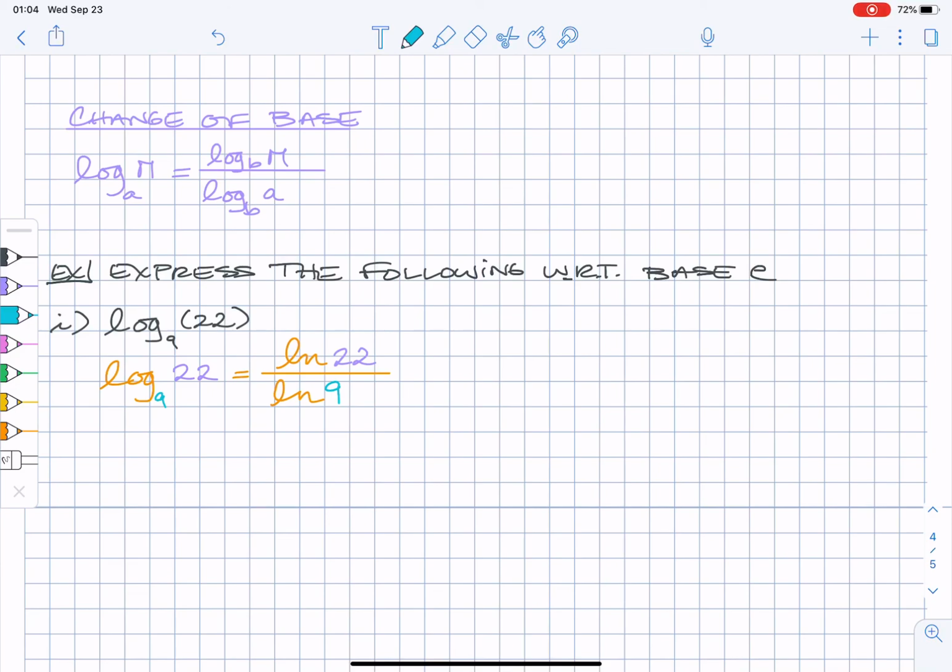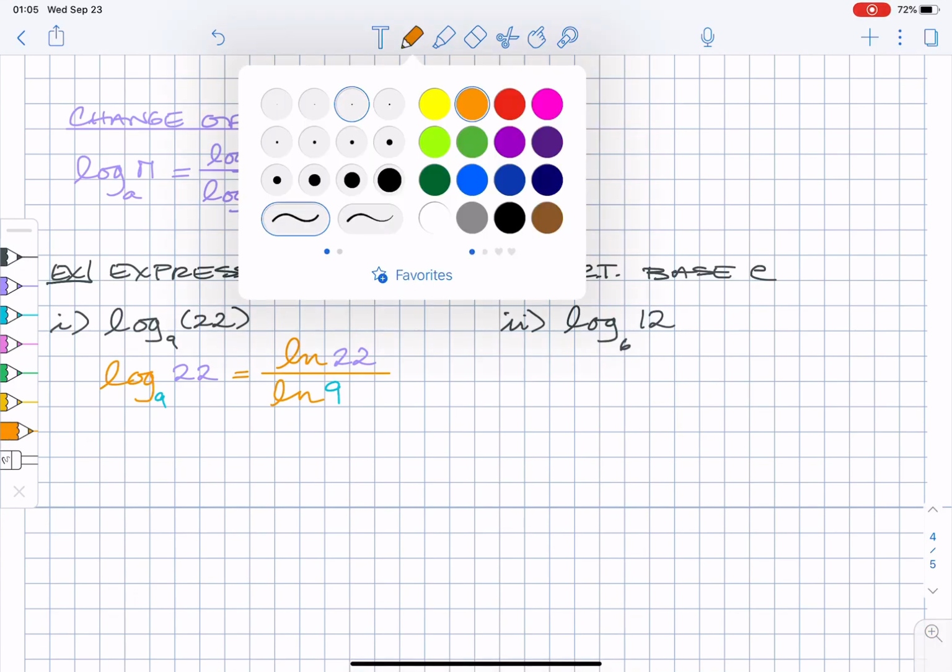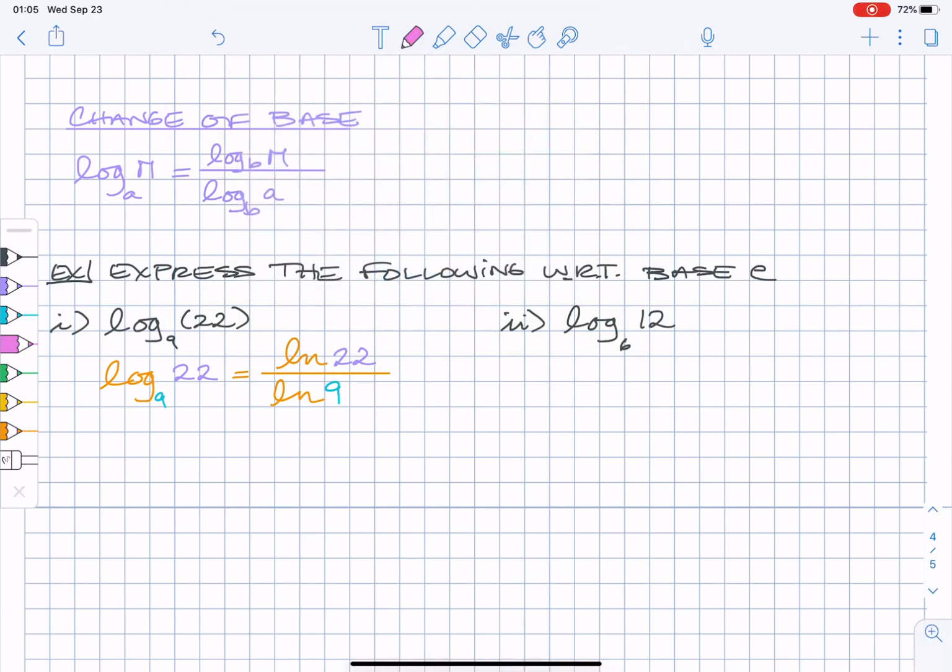And there we are. Okay, so number 2, let's have log base 6 of 12. Let me use a different color here. I think I'll use pink.